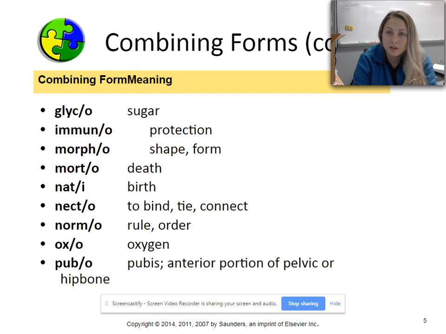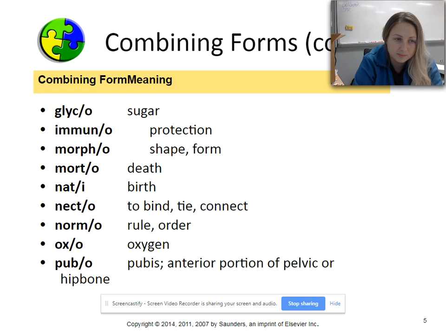Nati is birth. If you are native to a country, you are a person that was born in that country. Necto, this is to bind, tie, or connect. Can't really think of an example of necto. Like connect. If you connect two things, you bind them together. Normo, rule or order. If something is normal, it generally follows the rules, right?